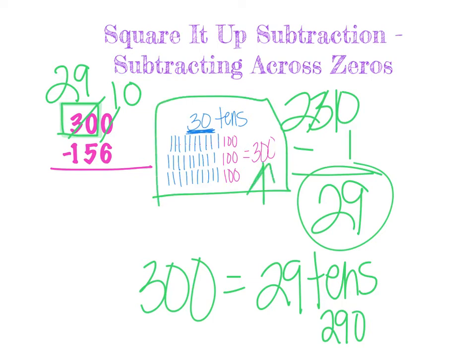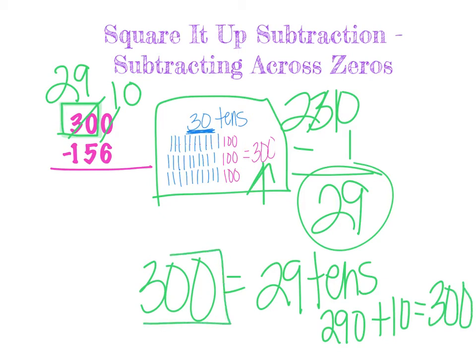So 1 less would be 290 plus the 10 that is now in the ones place gives us the sum of 300. So 300 written this way, 300 just like it shows here in your problem is the same thing as having 29 tens and then 10 in the ones place.